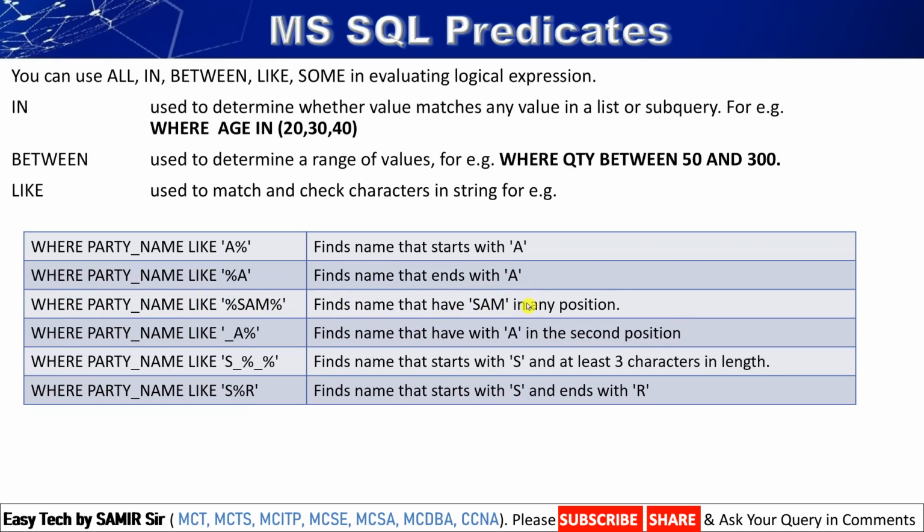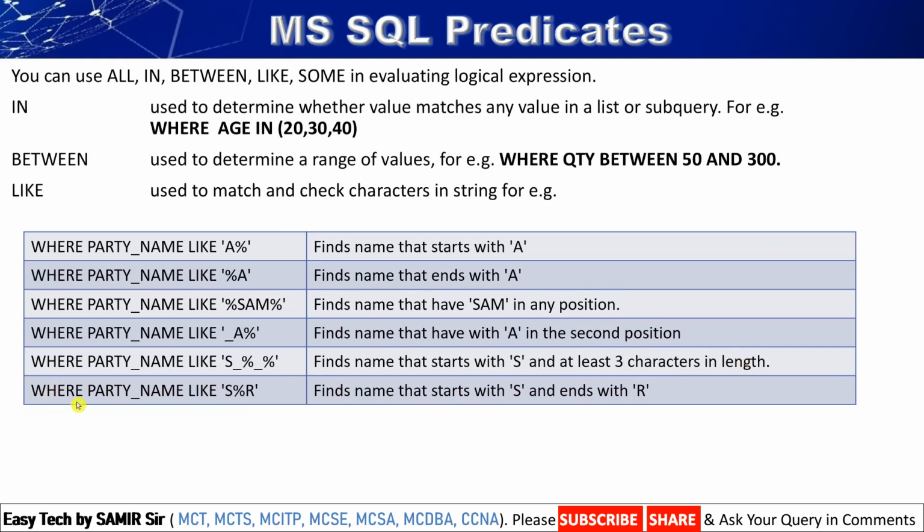The third one, where party name like '%same%', finds names where the word same is included in any position. The fourth example, where party name like '_a%', gives you results where a is in the second position. It leaves the first character, and wherever the second character is a, it gives you the answer. Similarly, party name like 's_%' gives you names which begin with s and are at least 3 characters in length.